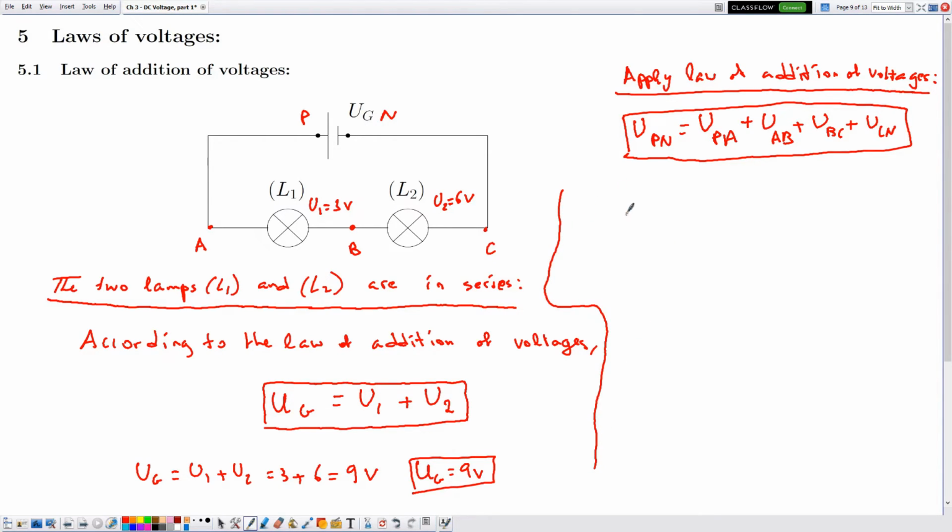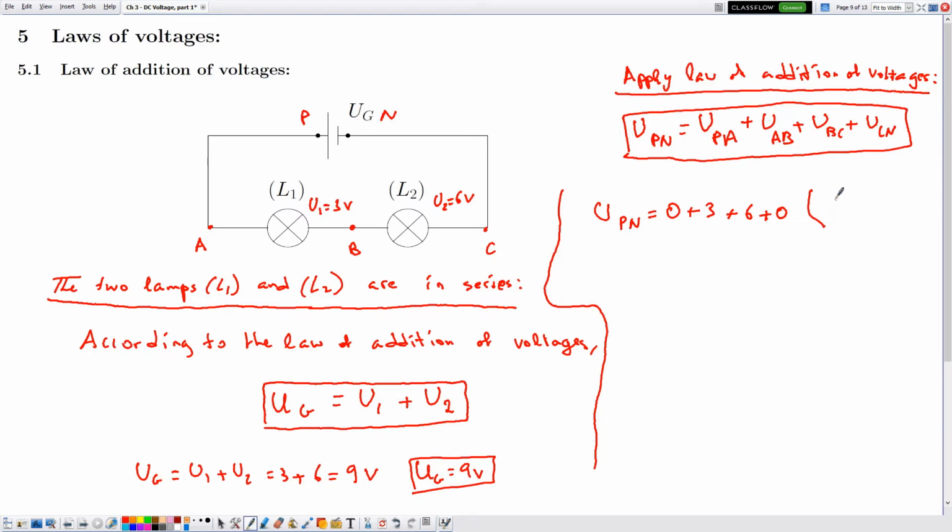Now here we can also determine the voltage UPN of the battery. So now UPN is equal, now UPA is equal to 0 because across PA we have a connecting wire, and we know that the voltage across a connecting wire is 0, plus UAB. Across UAB we have the lamp L1, which has a voltage 3 volts, plus UBC. Now the voltage UBC is given by 6 volts, and across CN we have a connecting wire, and the voltage across the connecting wire is 0.